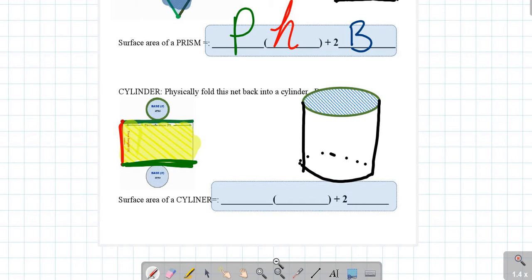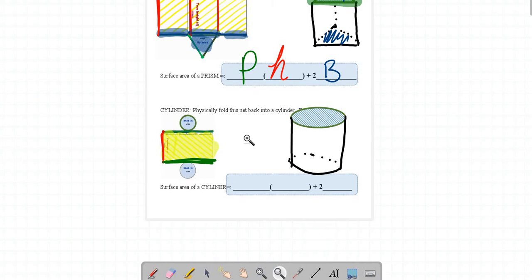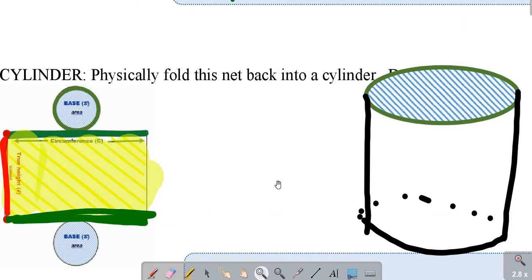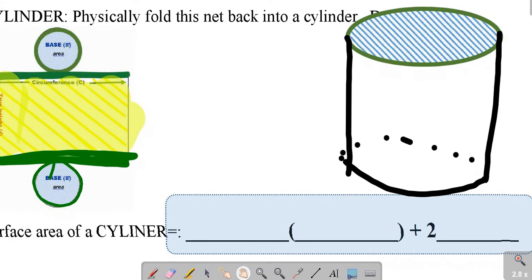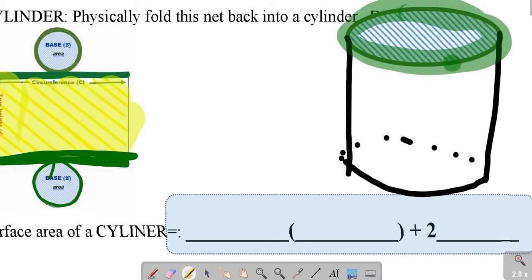But watch very, very carefully. This is a little hard to see, but use your imagination. This length here, when you fold it back on the can, is technically the same length as going around the can. That length of that rectangle, if you unfold it, is the same length as going around the can.